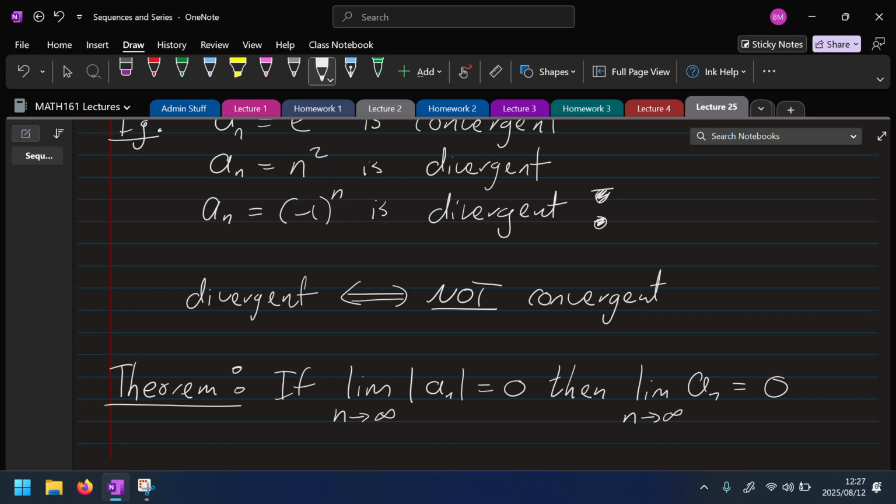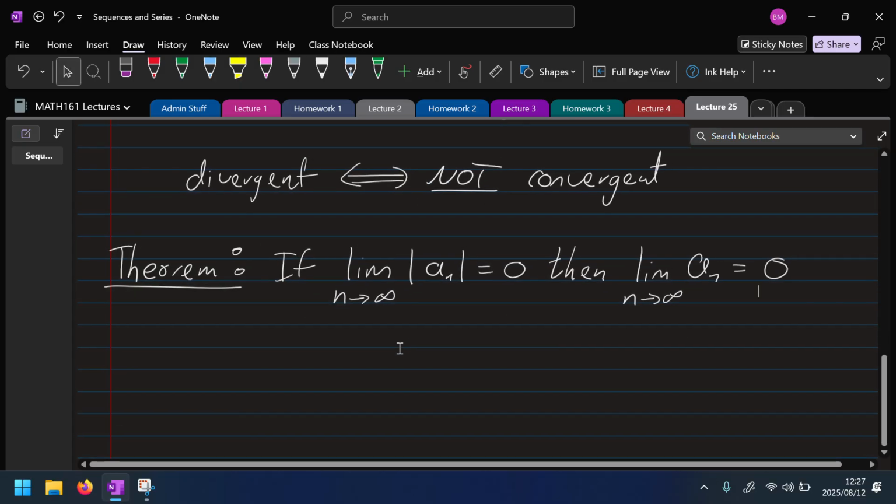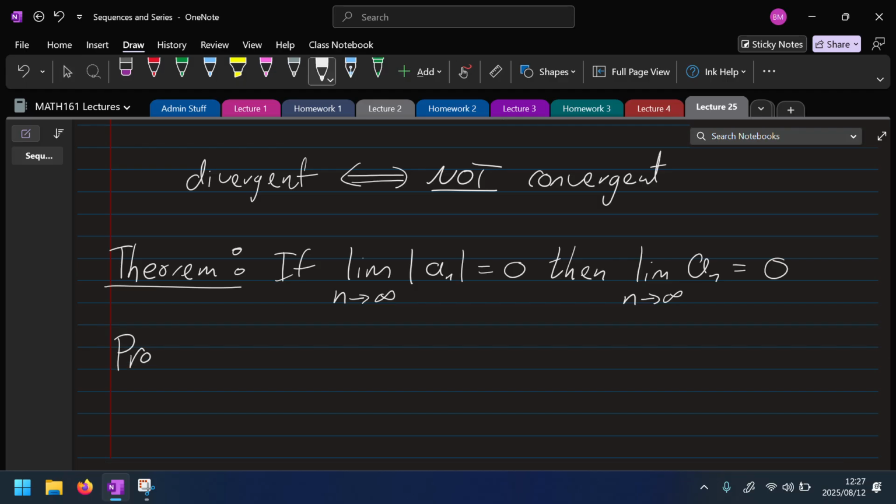So if the limit of the absolute value of the sequence is 0, then the original sequence is also 0. Proof. Like I said, there's a lot of proofs. Please expect something like this for the test and the quizzes.